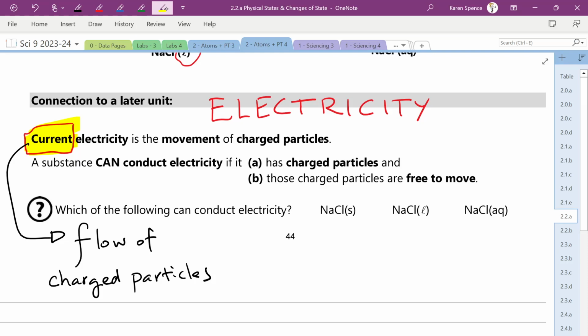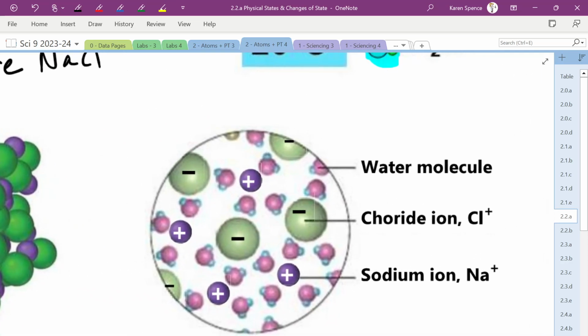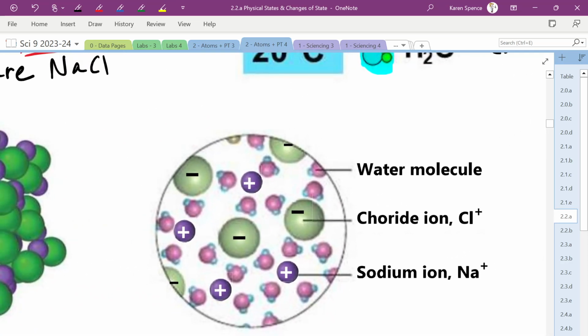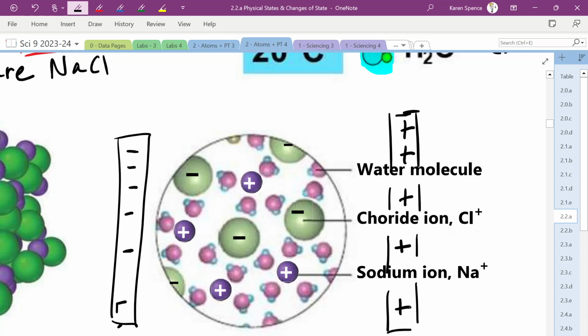But if you have a solution, you have the dissolved particles. If you were to put a negative plate over here and a positive plate over here, the negative particles would be attracted to the positive plate, so they would move this way.